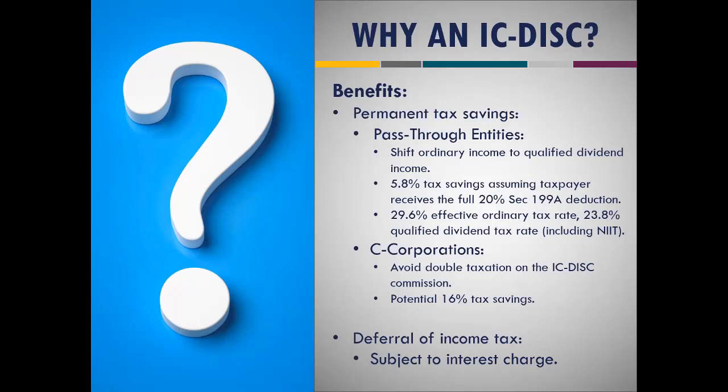So you don't necessarily get the reduced tax rate in a C-Corp example, but you're able to get earnings out of the corporation where you avoid double taxation. And that could potentially create a 16% tax savings on the commission amount. So the primary benefit is the tax savings. A secondary benefit, which we'll talk briefly about later on in the presentation, is that you can potentially defer income tax using an IC DISC.